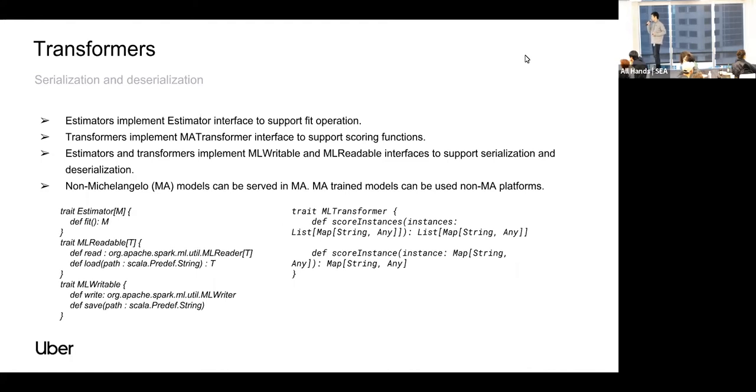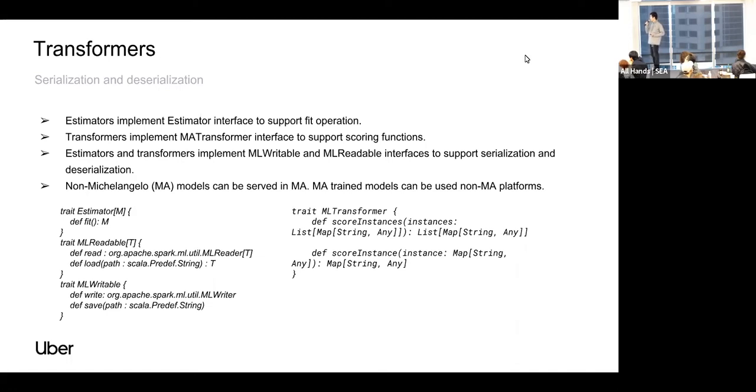We want this because we want to use the transformer in either our online prediction service or offline prediction jobs. So these are our interfaces. By having the estimators and transformers support serialization and deserialization, we allow Michelangelo-trained models to be used in non-Michelangelo platforms.